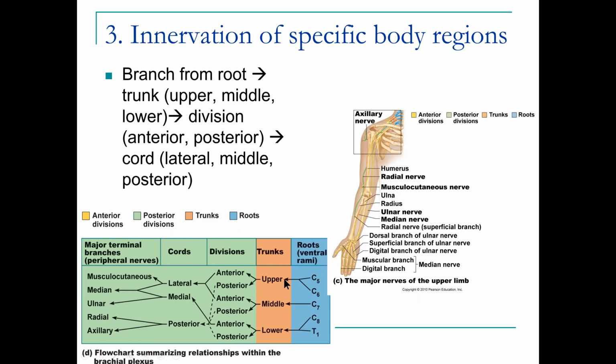And so this is what you had to learn in the brachial plexus. What nerves went to what trunks, went to what divisions, went to what cords, went to what nerves, and where those nerves innervated and what they did. So you want to learn what you have to learn in your residency, or when you get to whatever you're going to be. If you were going to be a nurse, you wouldn't have to learn this.